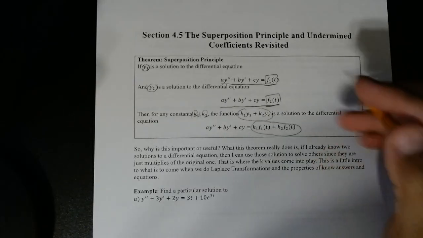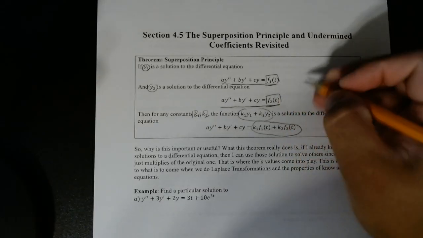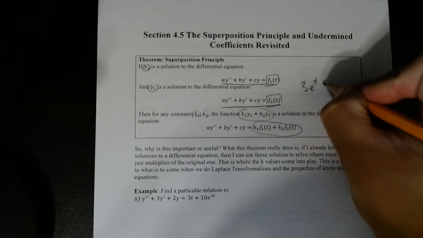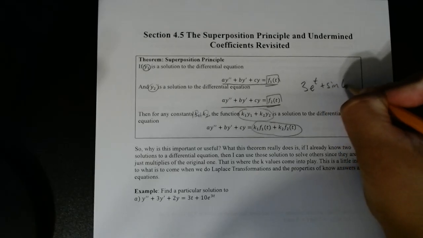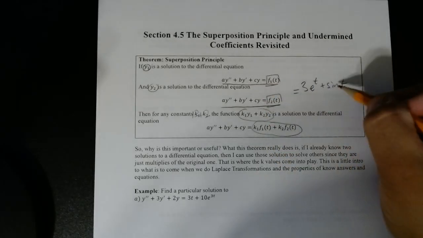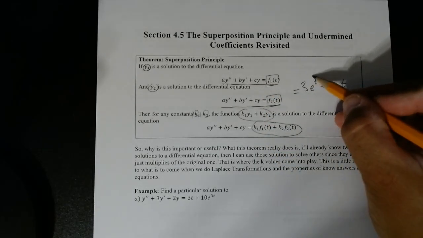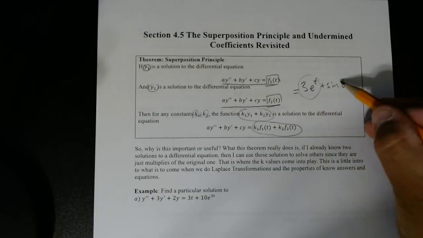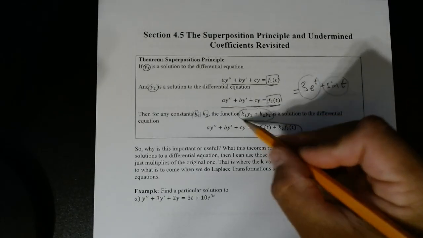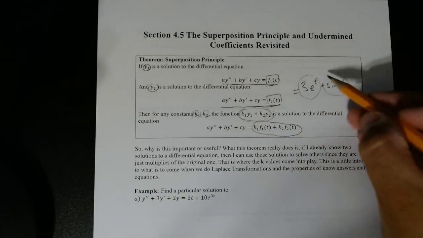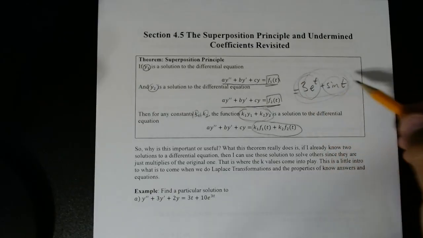So what this helps us do is, if I have, for example, 3e to the t plus, let's say, sine of t on this side of the equal sign, and I have a general solution to this one and a general solution to that one, then the addition of them together is actually a particular solution to the entire process, which is cool.